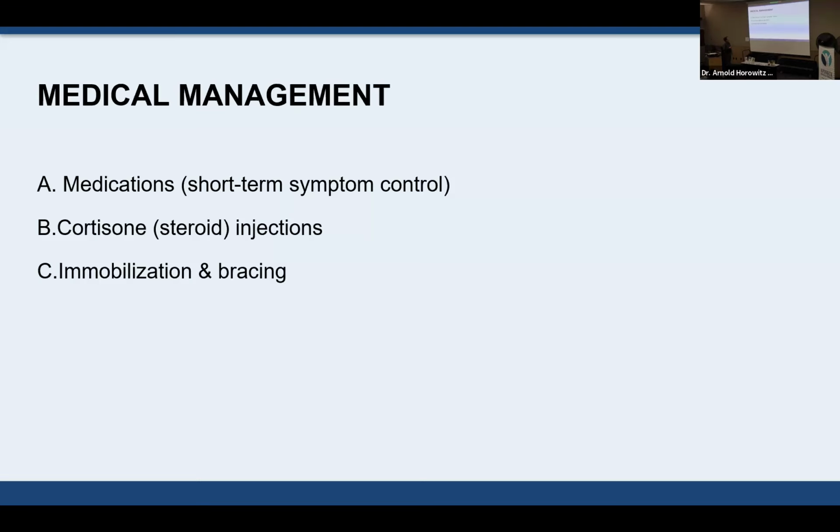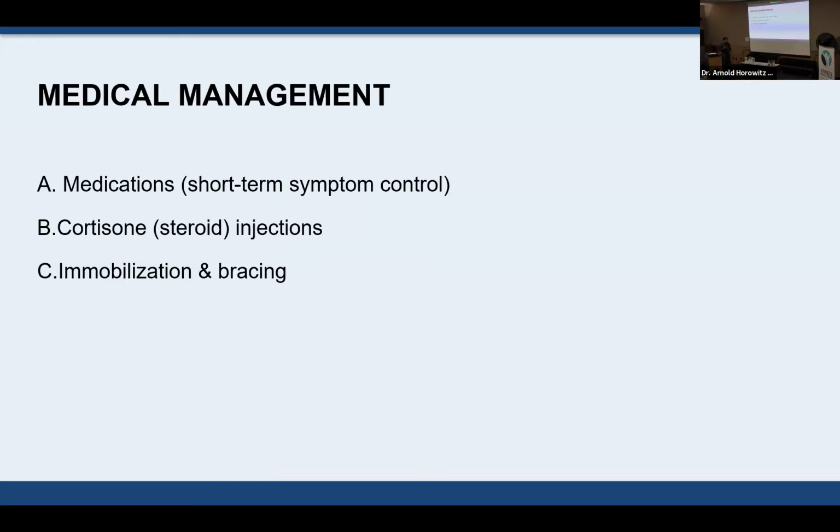Okay, medical management, medications. For any type of foot pain, especially if it's due to inflammation, what we would like to do is bring down the inflammation. How can we do that? There are NSAIDs. An NSAID is a non-steroidal anti-inflammatory, which helps a lot with bringing down inflammation.